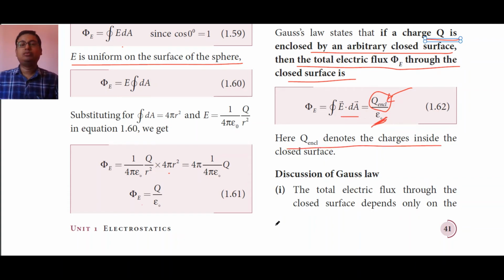Now coming to the important discussions of Gauss law, or important points of the Gauss law. This is very important because last year this question was asked for 3 marks.